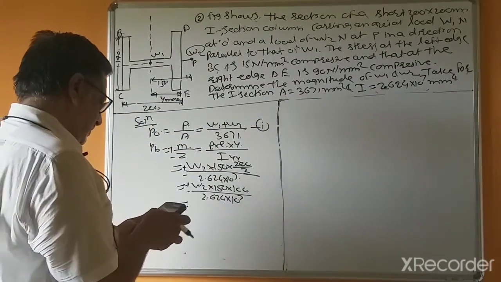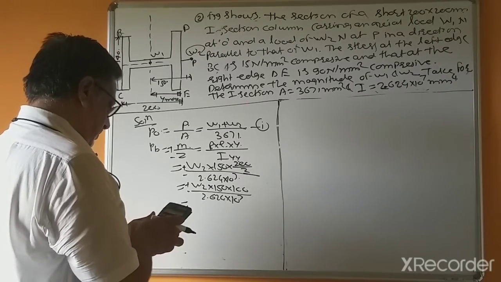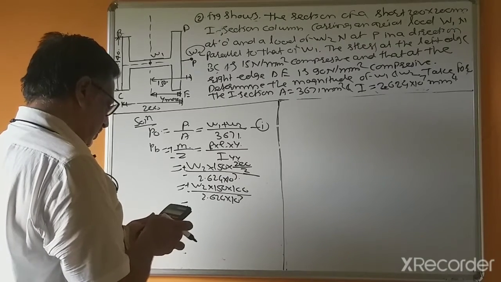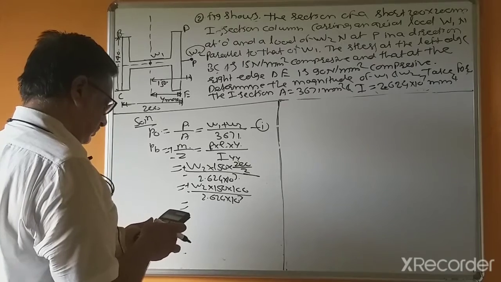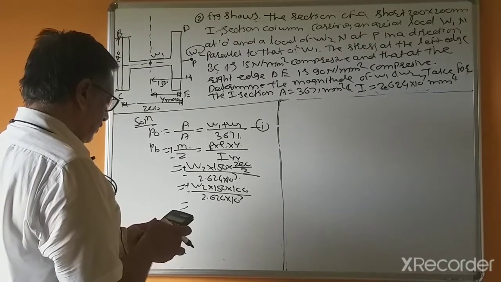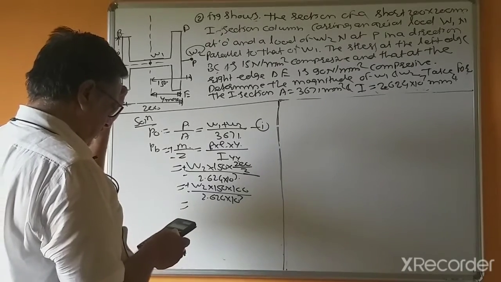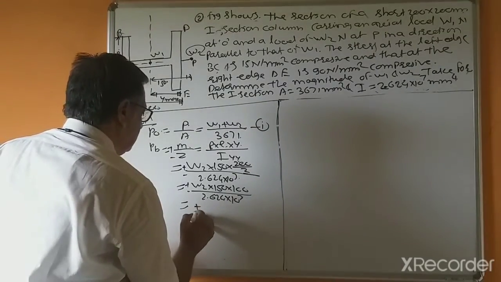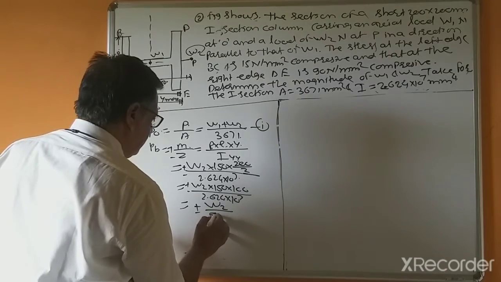So we'll consider 150 divided by 2.624 divided by 10 to the power 4. This is equal to plus minus W2 over 5716.